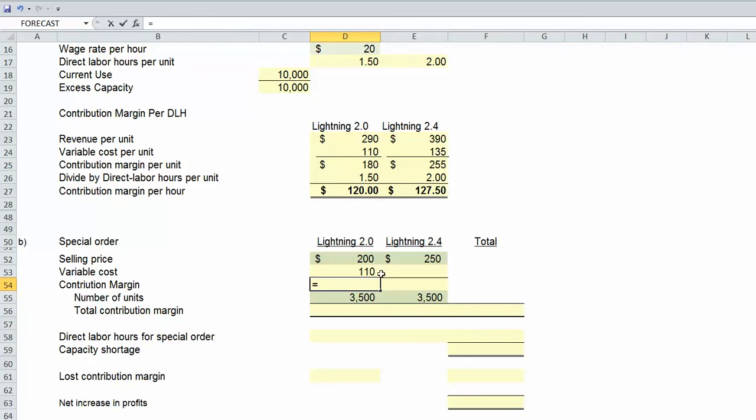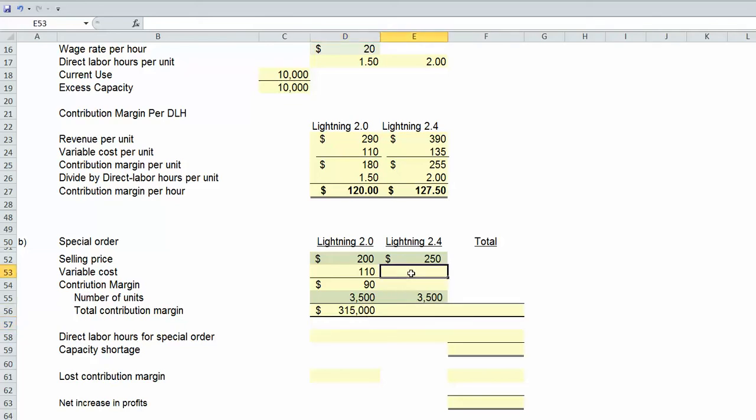So begin with variable cost for our Lightning 2.0, $110. And once again, we're making 200 minus the 110, $90 per unit. If we sell 3,500 units, our profit on the Lightning 2.0 will be $315,000 additional contribution margin.